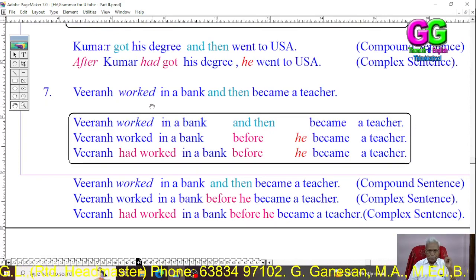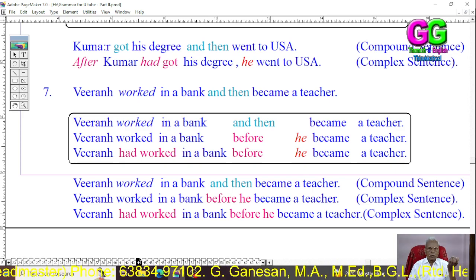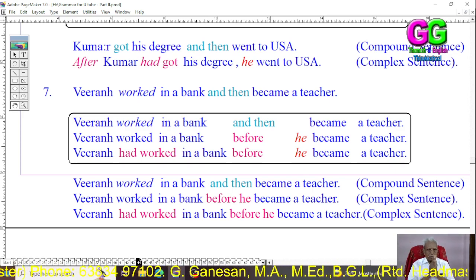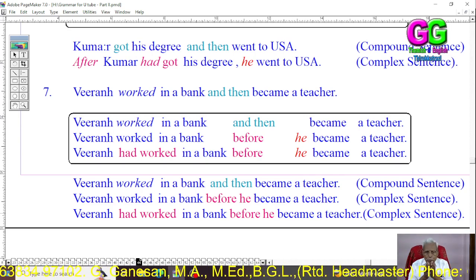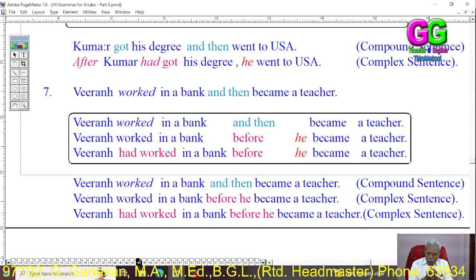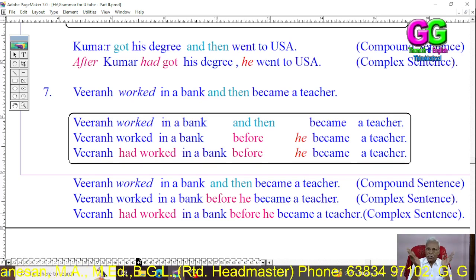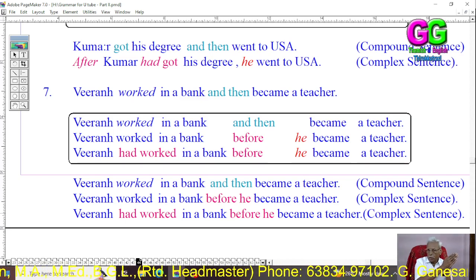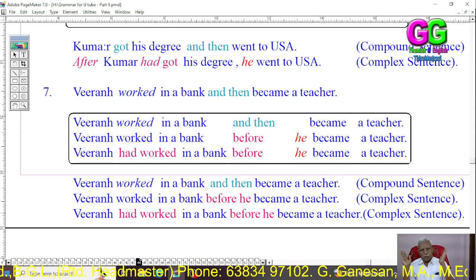Veeran worked in a bank and then became a teacher. That is, first Veeran worked in a bank, then he became a teacher. It has been expressed in a single sentence. The first action is working in a bank, and the second action is becoming a teacher.